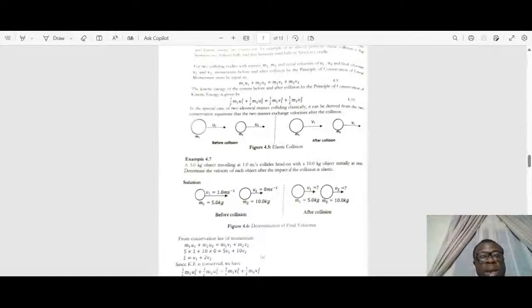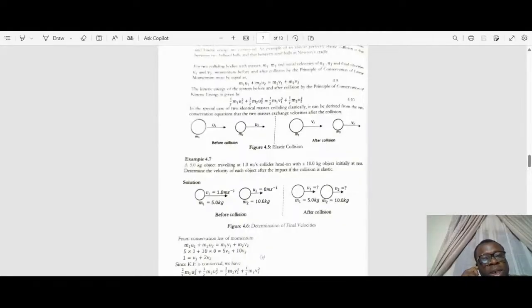So let's look at example 4.7, which says that a 5 kg object traveling at 1 meter per second collides head-on with a 10 kg object initially at rest. Determine the velocity of each object after the impact if the collision is elastic. This is the question.